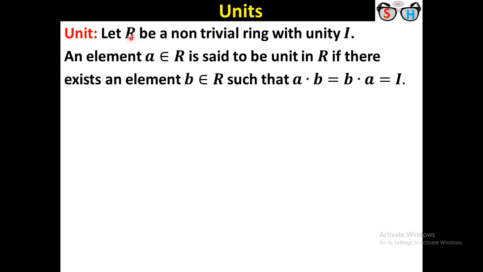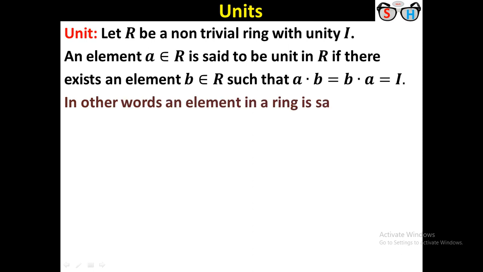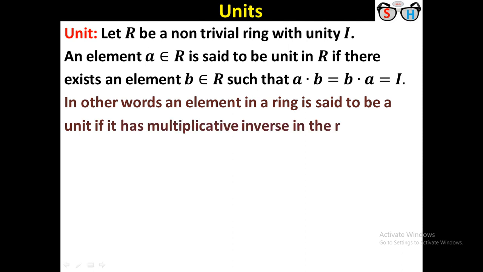Suppose here R contains more than one element and also R contains I, that is multiplicative identity. In such type of ring, an element A in R is said to be unit if we can find another element B such that A dot B equal to I and B dot A equal to I. That is, here B is the multiplicative inverse of A. So in other words, we can say that an element in a ring is said to be a unit if it has a multiplicative inverse in the ring.